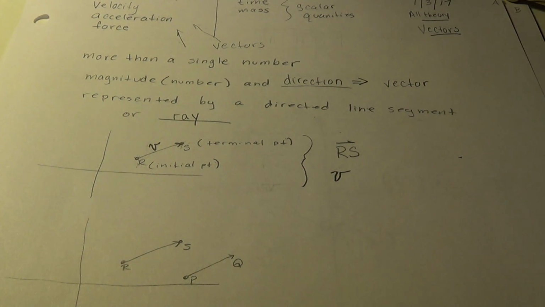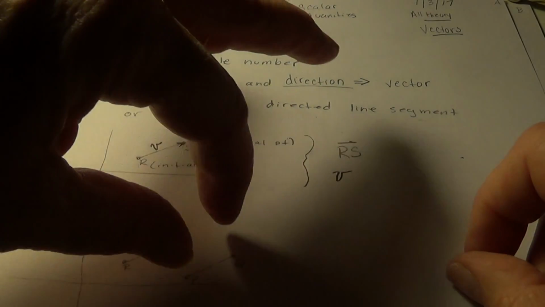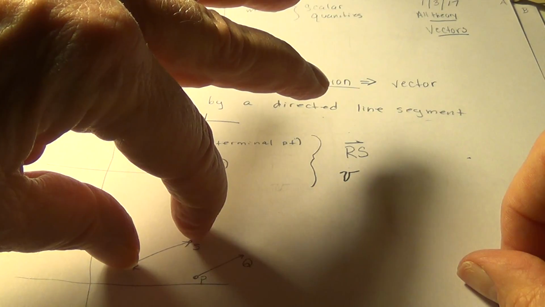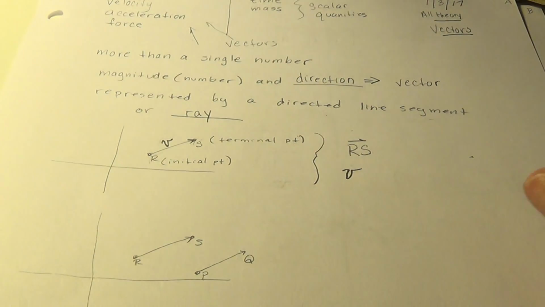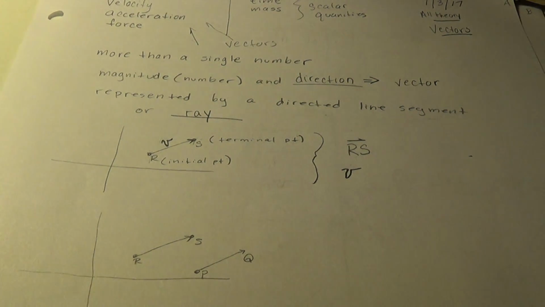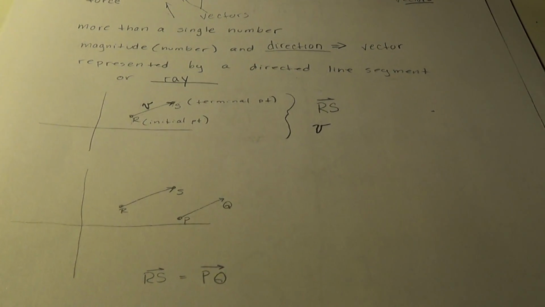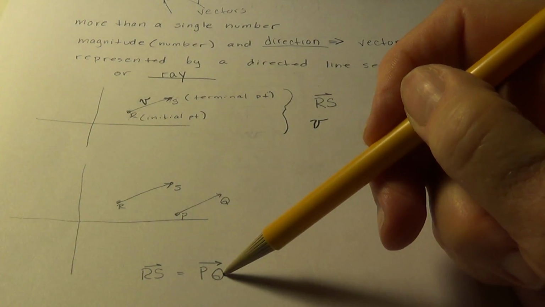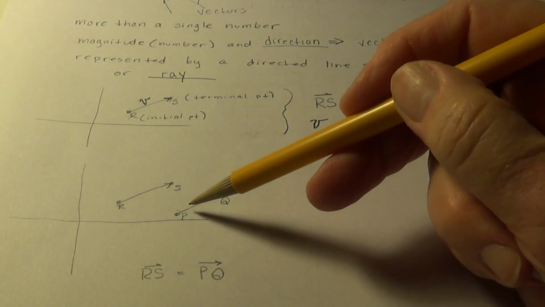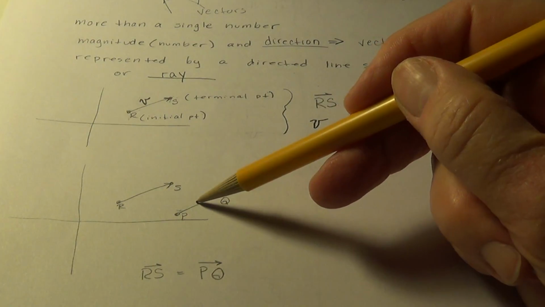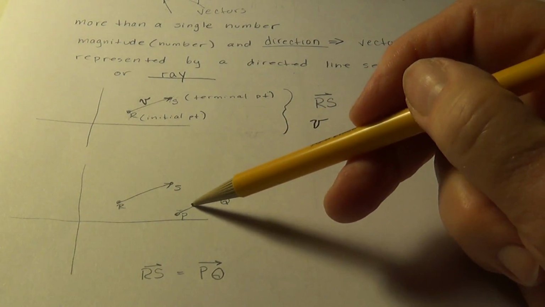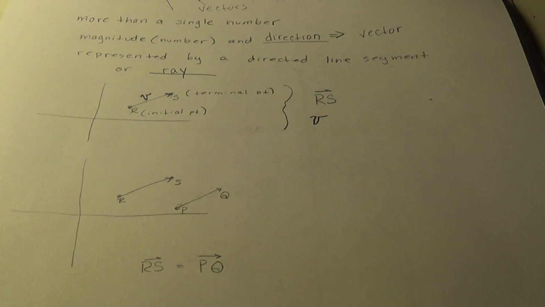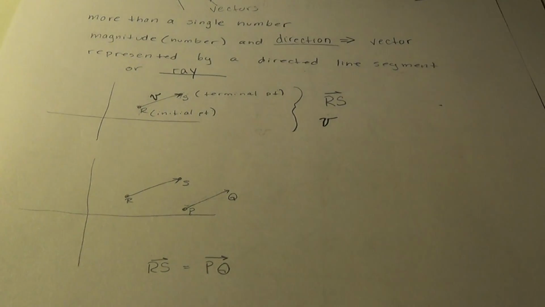If I pick this vector up and move it on top of the other, and it coincides exactly, with the same length and the same angle, then we say those two vectors are equal. So I can say vector RS equals vector PQ if the magnitude, the length, and the direction are the same.